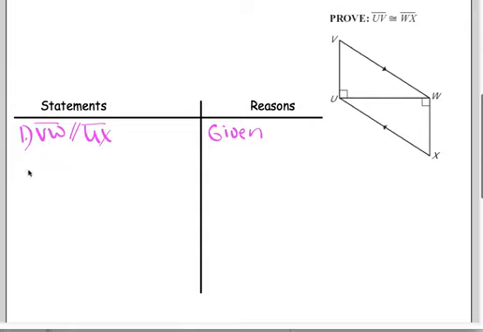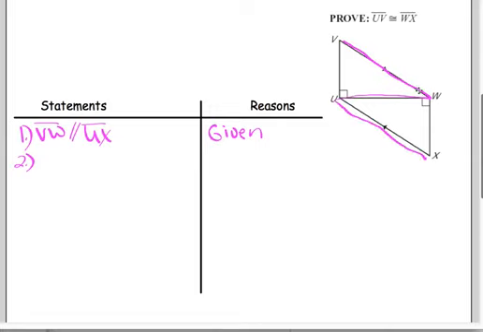I'm going to wait on that for a minute because I'm going to use these parallel lines, and I think that it's going to make more sense if I use them right after I listed them. So remember that parallel lines always lead to congruent angles. So I'm going to highlight the transversal and the parallel lines, and you can see the Z shape.